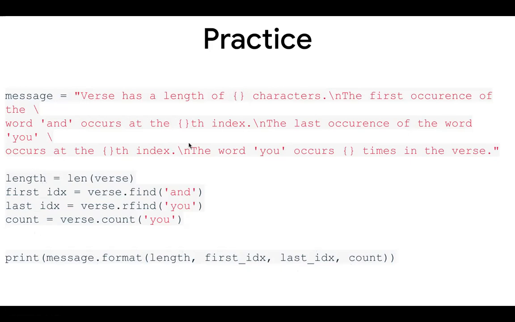So we have 4 brackets and 4 parameters here. Just different ways how to write your code, the way of thinking, and it uses the same methods: find, rfind, and count. Okay, and is everything clear about the string methods?